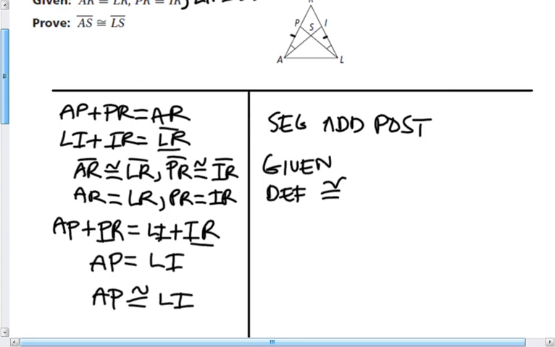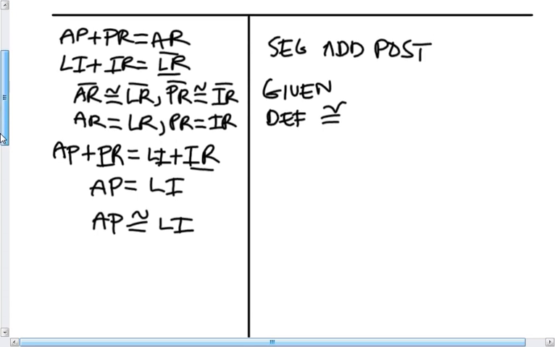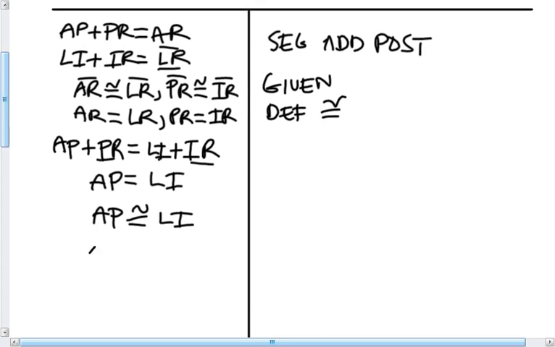So to finish, to show the two triangles APS and ISL are congruent, we'll just show that the two angles now, and that's angle A is congruent to angle R. And that's given.